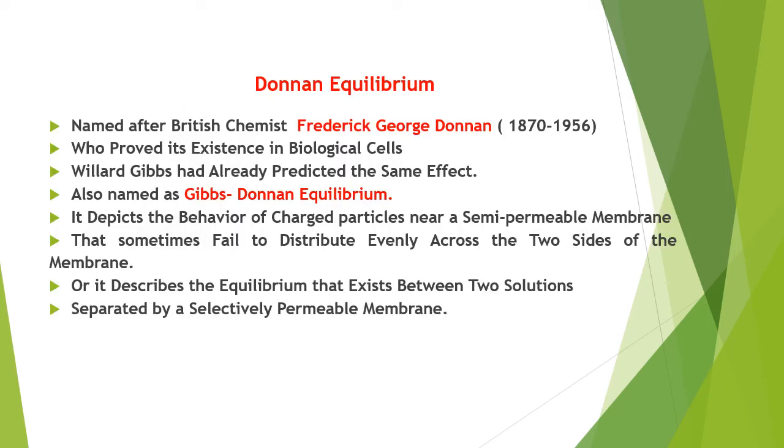One more thing which explains the passive absorption of minerals in plants is called the Donnan equilibrium. Donnan equilibrium was named after British chemist Frederick George Donnan, 1870 to 1956, who proved its existence in biological cells.